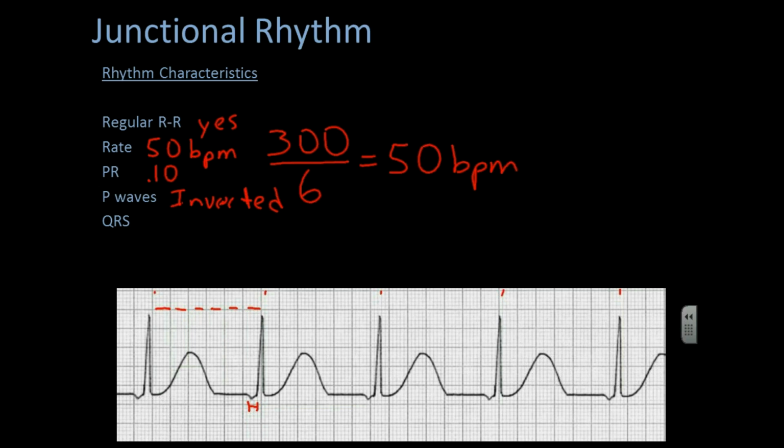Hopefully you can read that. Inverted. Okay. And the QRS. Is the QRS narrow or wide? Well, looks reasonably narrow. It's like maybe 0.08, 0.10 at the most. Narrow. All right. So I would say based on our EKG characteristics that this is definitely junctional rhythm.